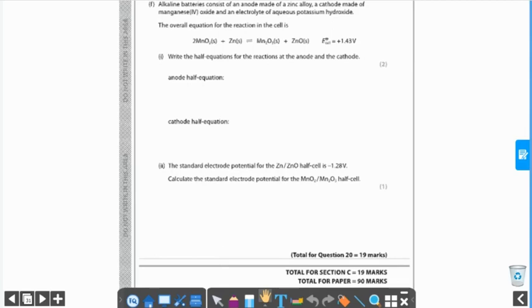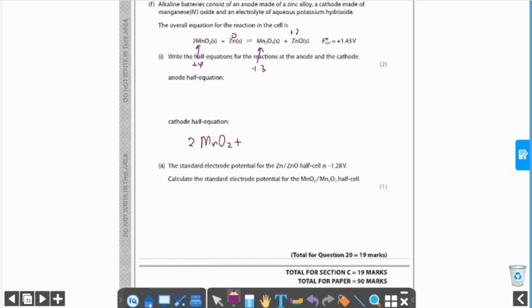What is oxidized here? Zinc is oxidized, zinc to zinc 2 plus, and manganese goes from +4 to +3. This is reduction. The cathode you should write as reduction.